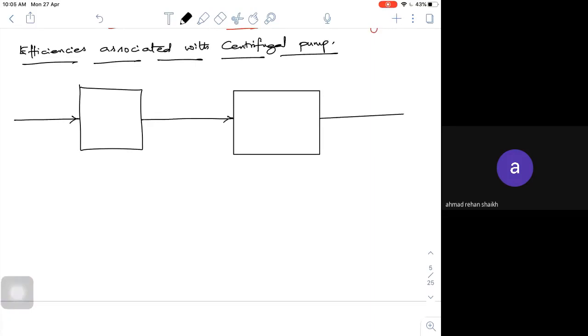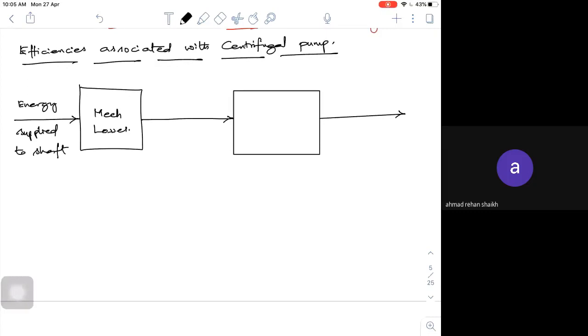Right. So this is the energy supplied to the shaft, and I do have all kinds of losses, like the bearing losses or frictional losses and all.